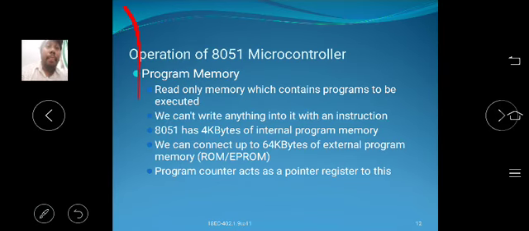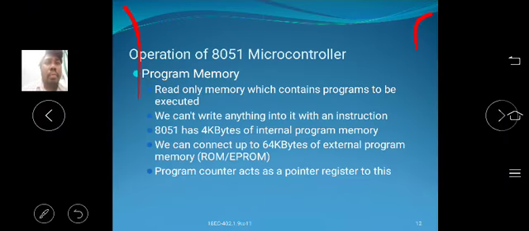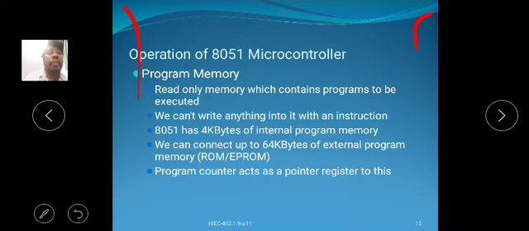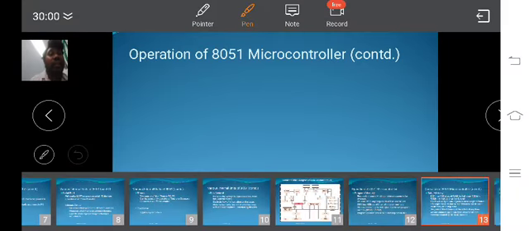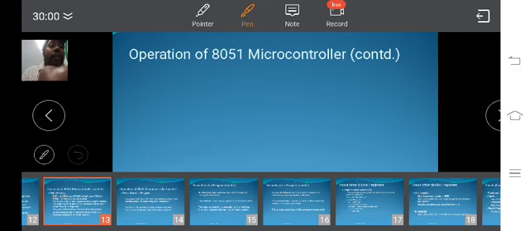Program memory is the read-only memory which contains the program to be executed, and which has internal and external parts. That is one of the important blocks. And the next one is the data memory.